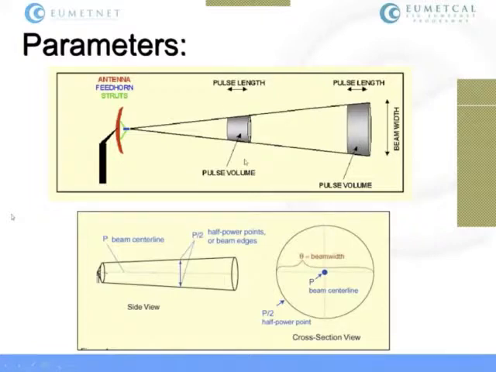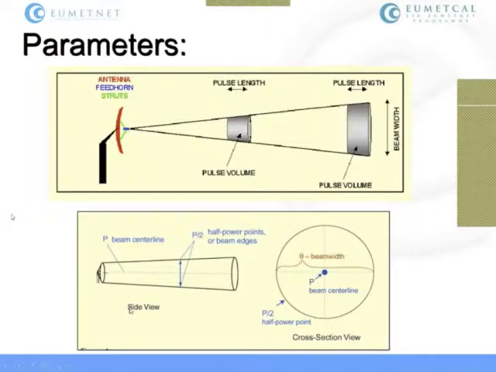You can see here the pulse length, and a very interesting thing which needs to be considered here is the so-called pulse volume. In this volume, the radar takes information from all the targets that are within this volume, and the information from here is what you are seeing in the radar pixel on the display.